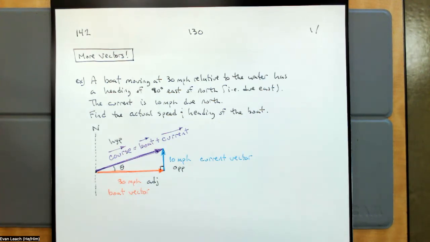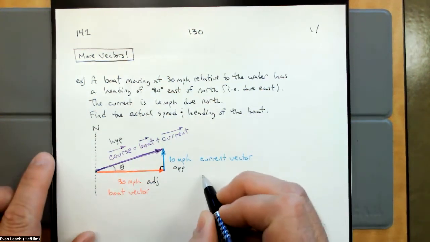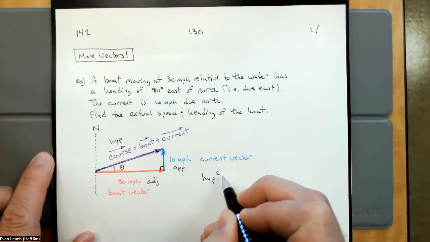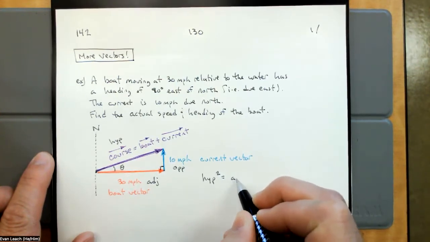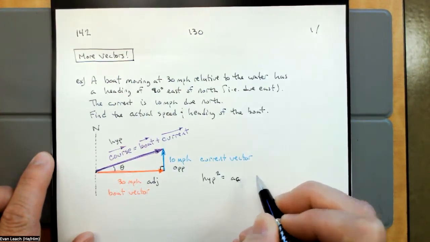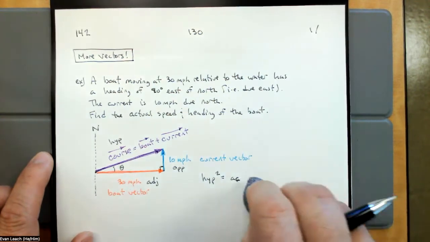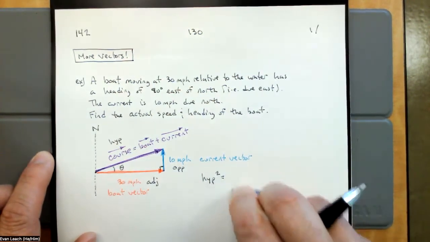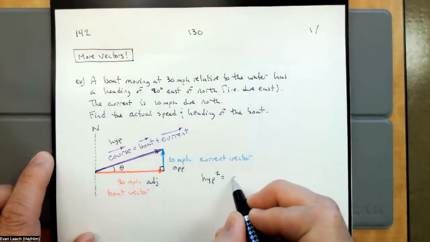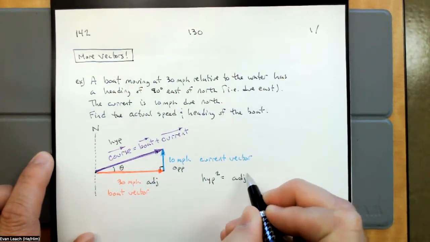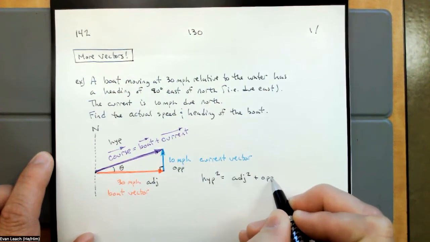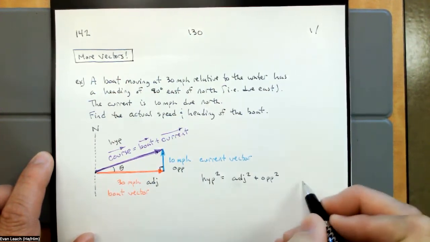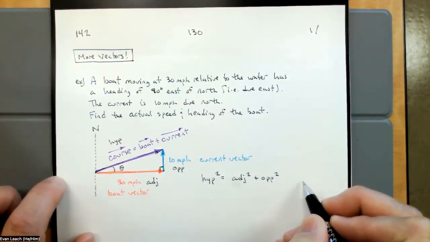Any questions? One of the things that we want is the hypotenuse. We can get that with the Pythagorean theorem. So the hypotenuse squared is going to be the opposite squared plus the adjacent squared. So that's going to be 30 squared plus 10 squared.